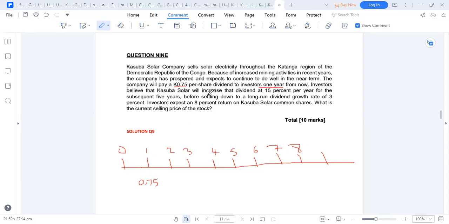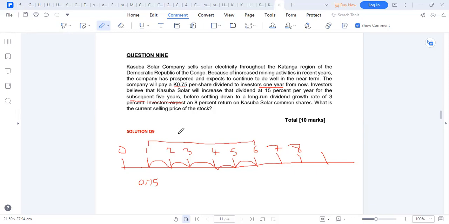It will grow for how many years? 5 subsequent years, 1, 2, 3, 4, 5, meaning it will end in year 6. So what growth rate is valid for the subsequent 5 years?